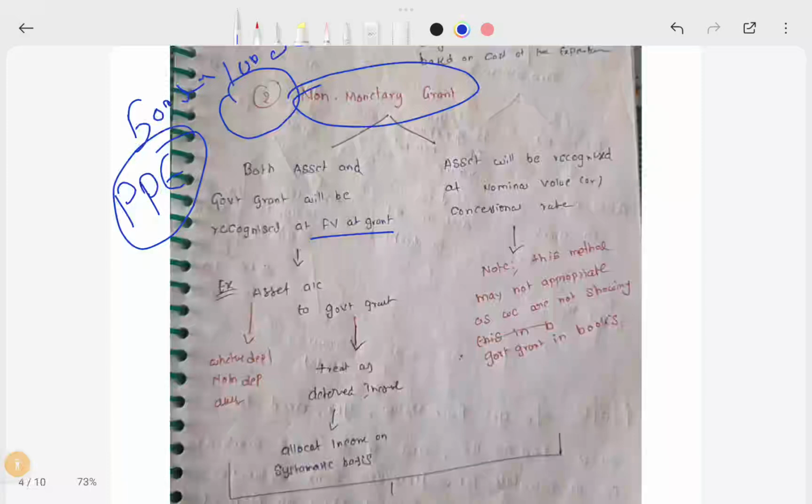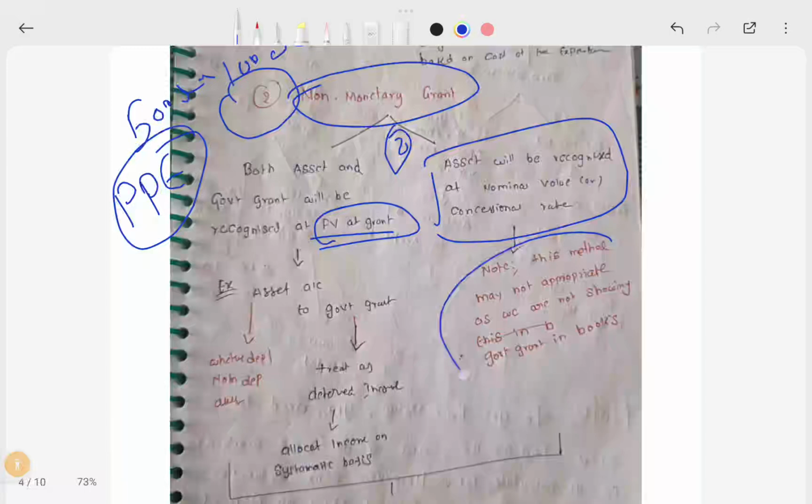They directly spent, because government has a lot of seized items, or in customs also they might freeze so many items. So in those situations, they directly give that asset to you, nothing else. So in that case, again, two options are there: you either recognize both at fair value of the grant, or else you recognize at the nominal value.